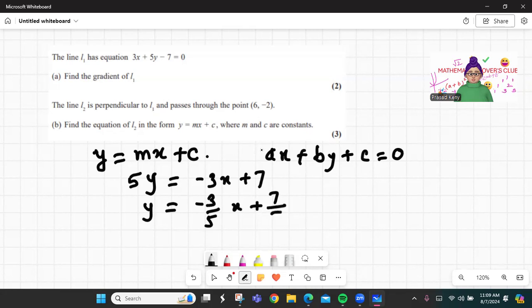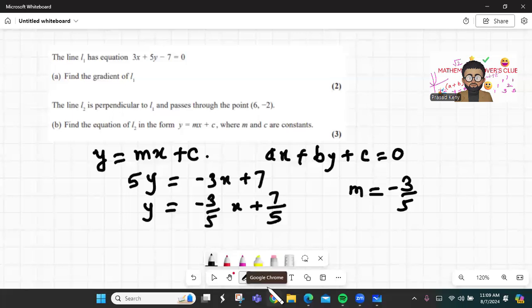So if we compare this with y is equal to mx plus c, the gradient of this line will be negative 3 upon 5. Correct, very nice answer, and that is the solution of part A. The gradient of line L1 is negative 3 upon 5.